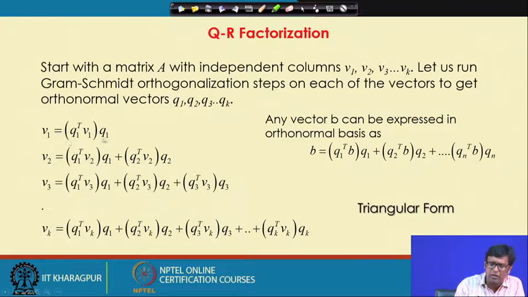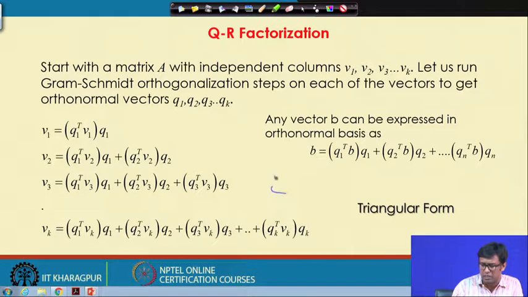So, we can write V1 is q1 transpose V1 times q1, V2 has q1 and q2 components, and so on. So, we get a triangular form of equations here.